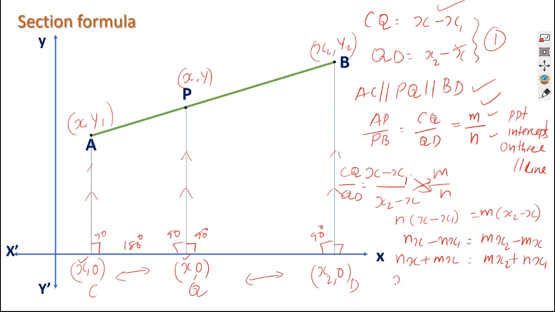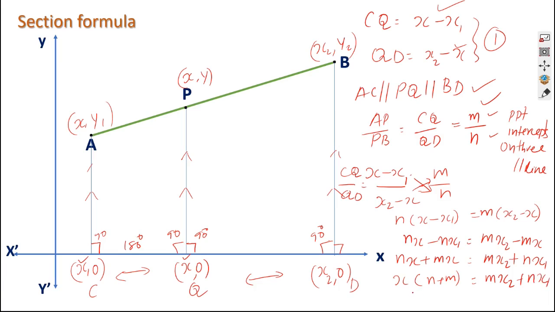In that case, x into (n plus m), m plus n, is equal to, here we have nothing common, so we will put it as mx2 plus nx1.